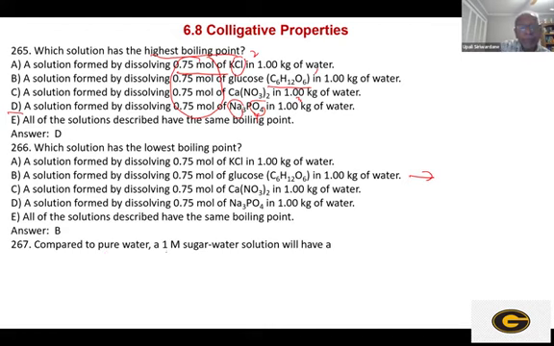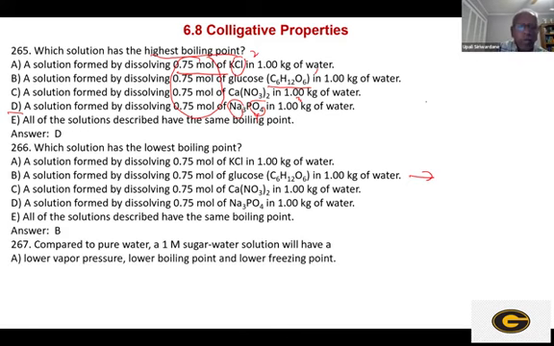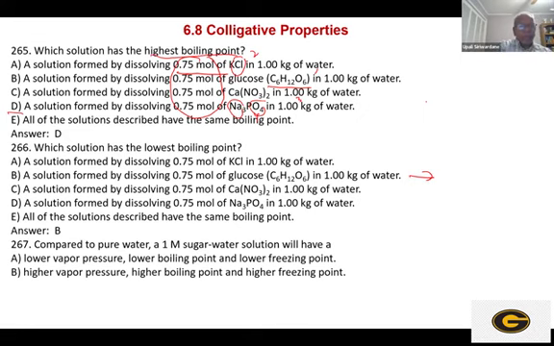Compared to pure water, a one molar sugar water solution has lower evaporation.